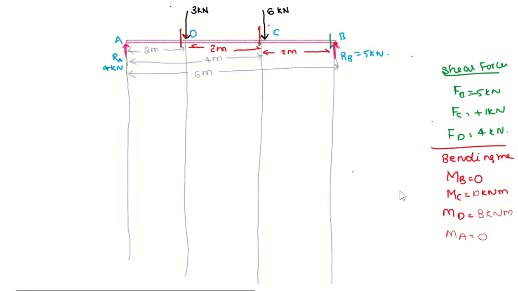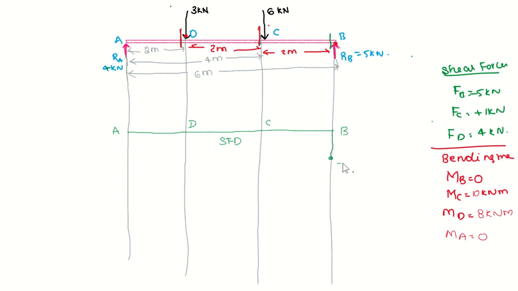After writing all the bending moments together, we shall now try to draw the shear force and bending moment diagrams. In the first place, let me draw the shear force diagram, SFD, and here I mark the reference points A, B, C, and D. We have the shear force at B as minus 5 kilonewton.